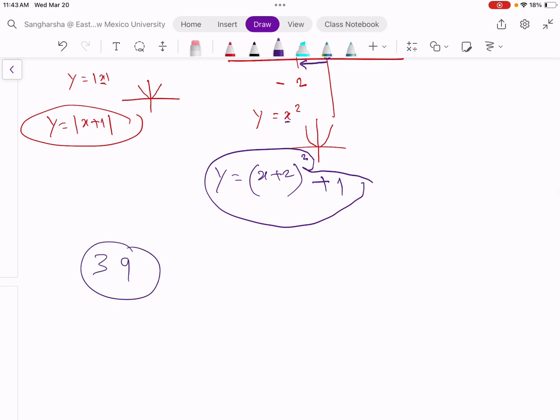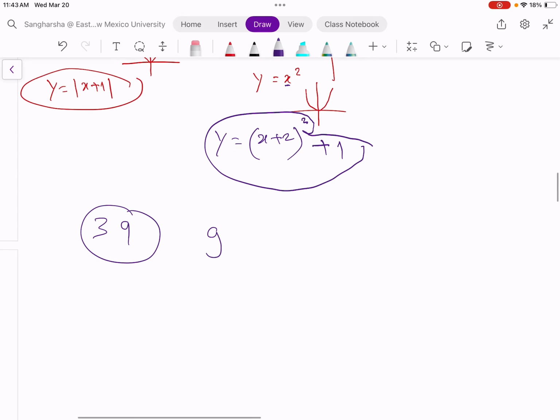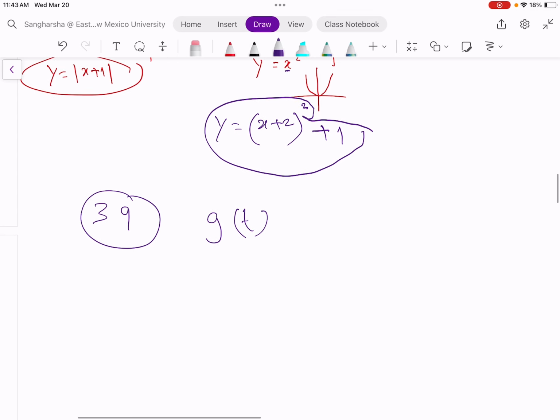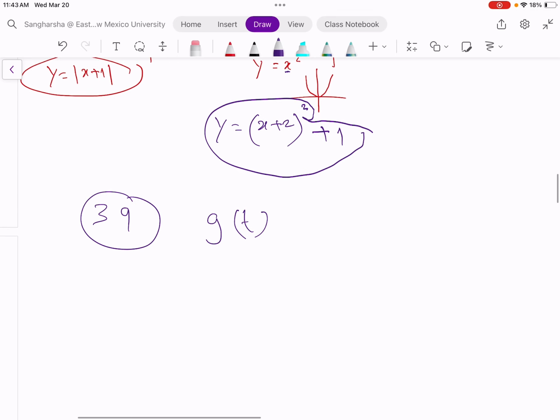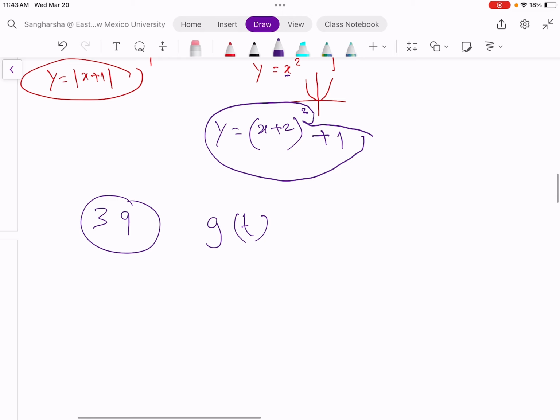In number 39, the graph of a function g of t is formed by translating the graph of f of t. So we have f of t equals the absolute value of t.